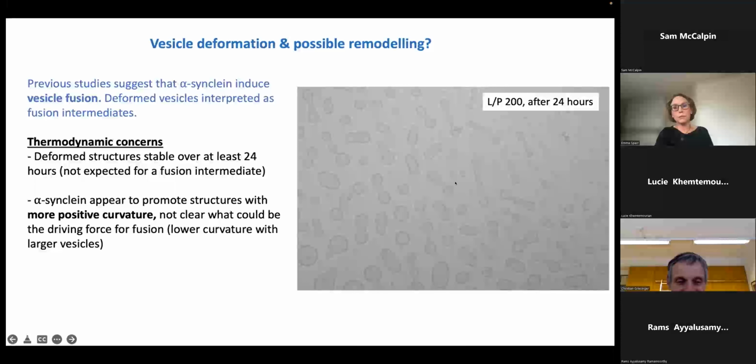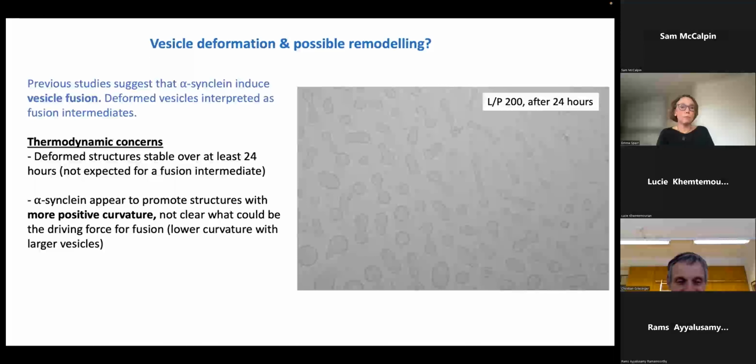Because of course, when you see this kind of structure, it could be a fusion intermediate, but it could also be a fission intermediate, or it could be a stable deformation, which appeared to be the case for this lipid system that we study here, as we get no change after 24 hours. As bending a membrane involves an energy cost, one wouldn't expect a fusion intermediate to remain over 24 hours.